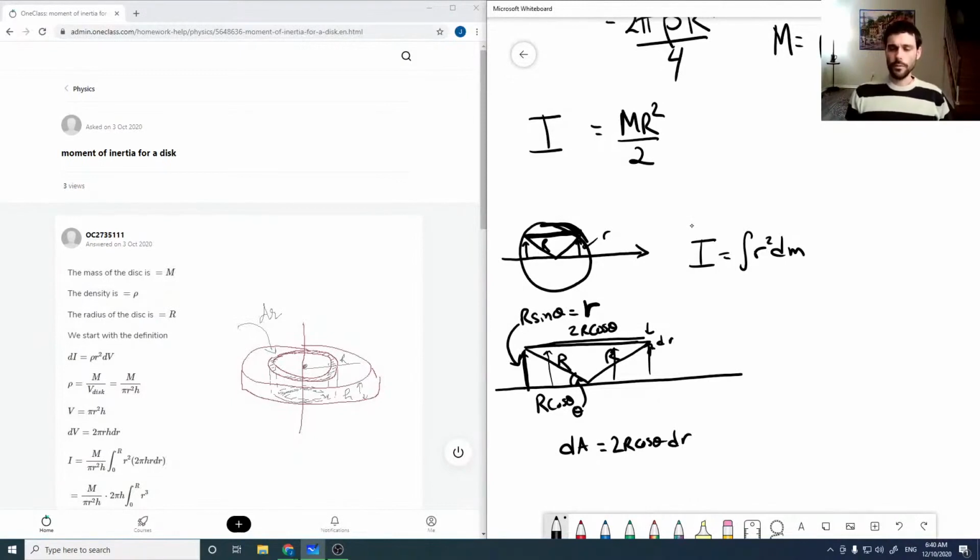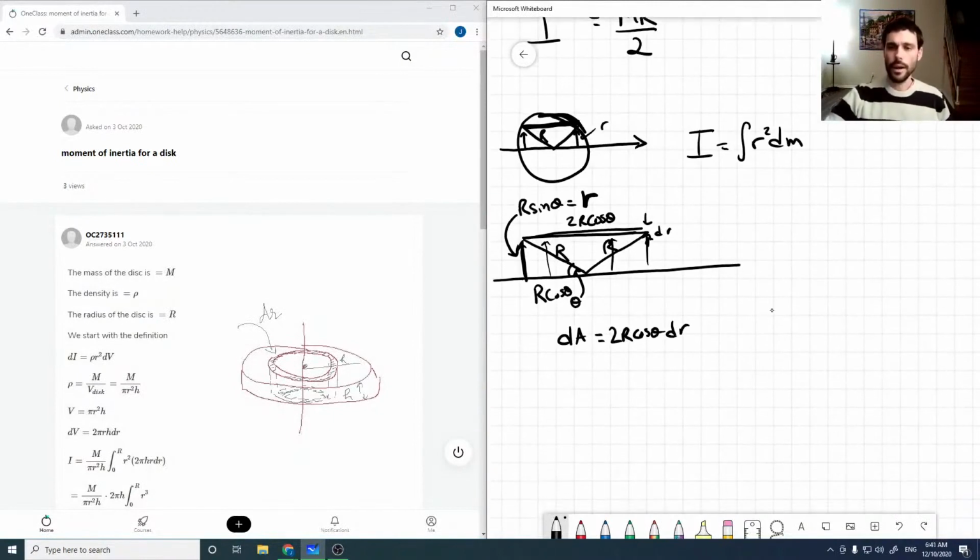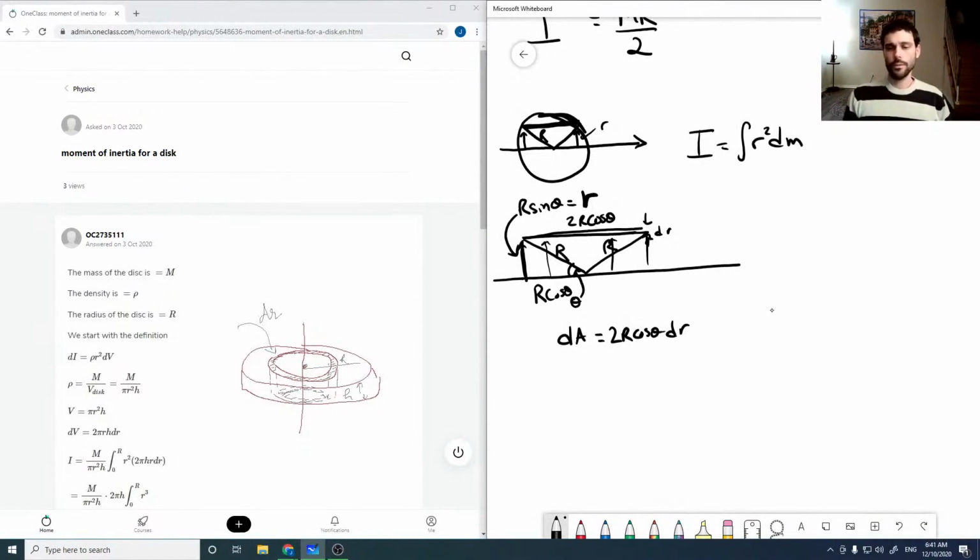Now we want to move to a theta system, and so the easiest way to do that is going to be to just use integrals. So if r is r sine theta, then dr is r cos theta d theta.